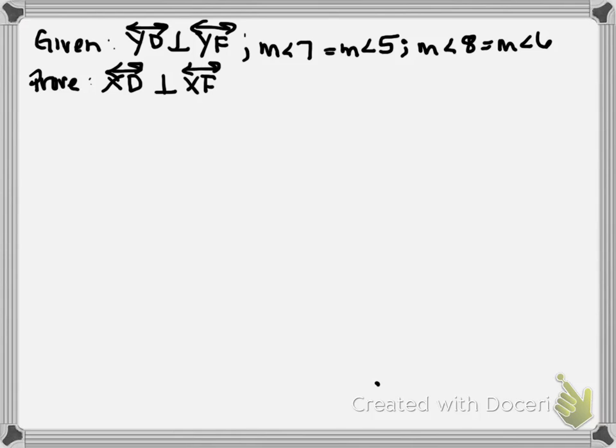So here comes the fun part. Somehow I need to draw this. Okay, so let me think about what this diagram looks like. Hold on just one second, let me check the book. All right, so this is actually number 29 off of page 60.